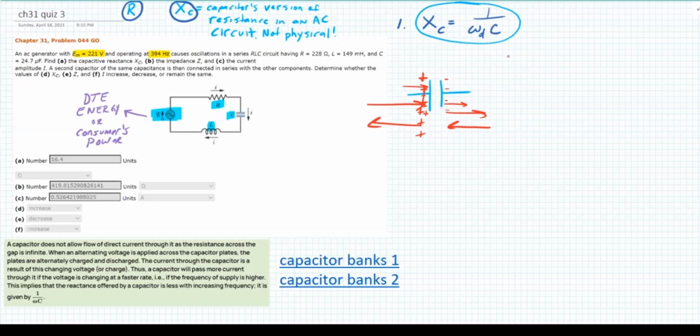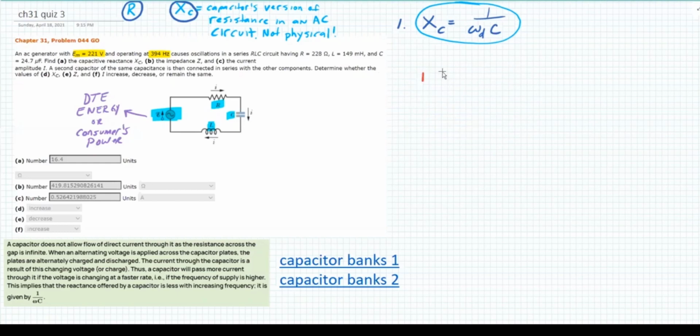If I deposit some charge once a minute, that's going to take a certain amount of time. What if I deposit charge once a second or once every millisecond? That's going to be a lot more efficient, with less reactance. There's more about that because this is brand new.